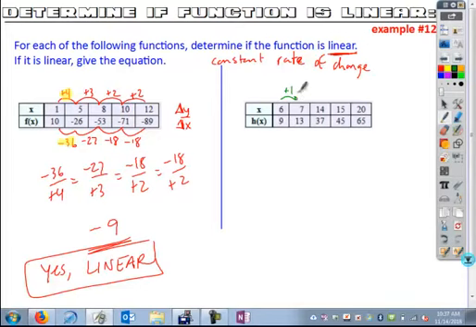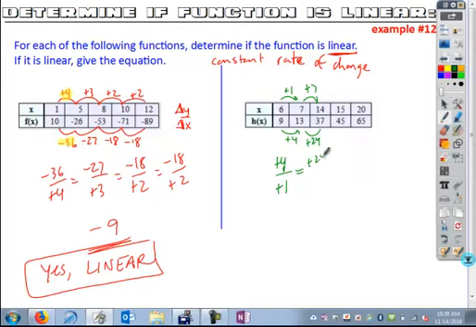So here, it's a difference of x's of plus 1 and a difference of y of plus 4. So you're looking at plus 4 over plus 1. And we want to test to see, is that the same for the next one? The next one, we have an x of plus 7 and a y of plus 24.